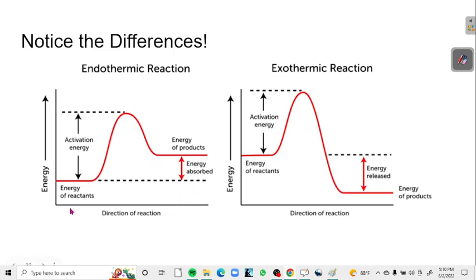So to read the diagram, remember that in endothermic reactions, the reactants are always at a lower energy level than the products. In exothermic reactions, the energy of the reactants is higher than the energy of the products.